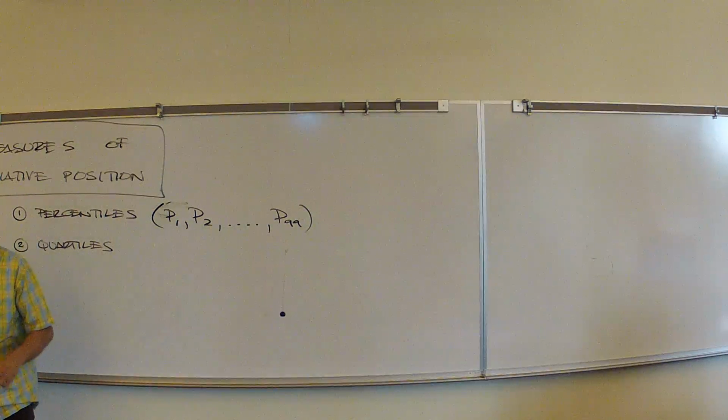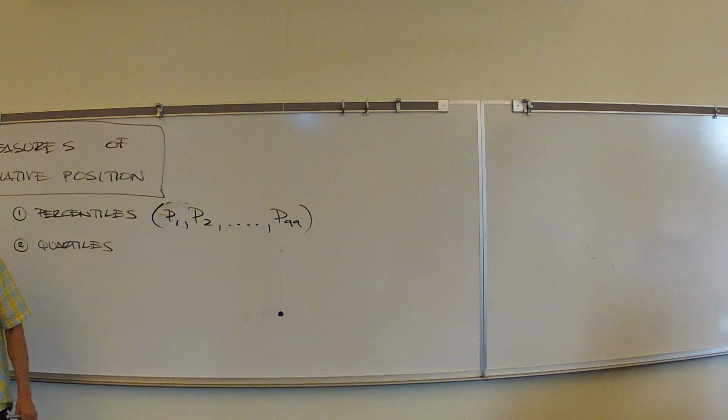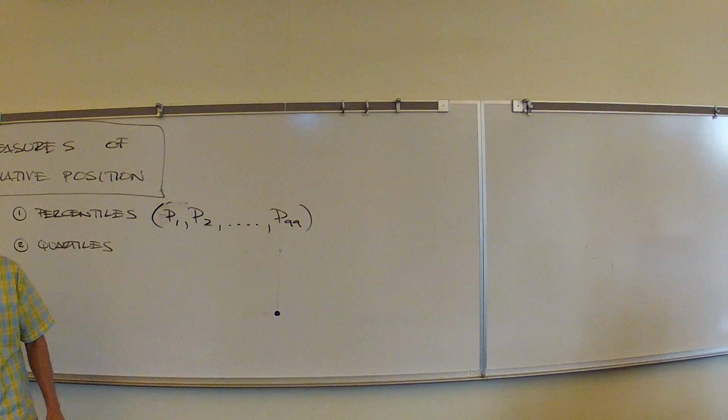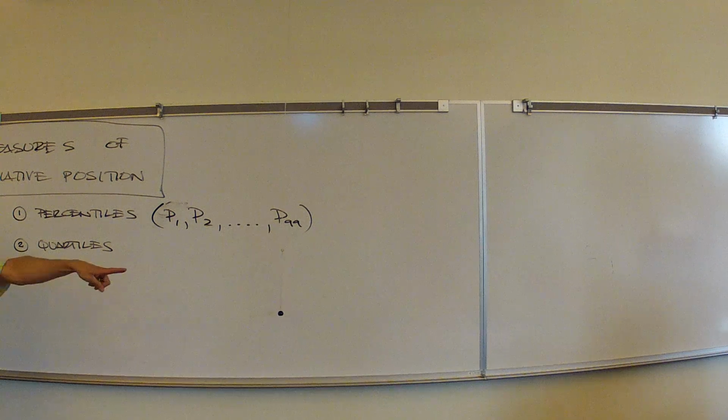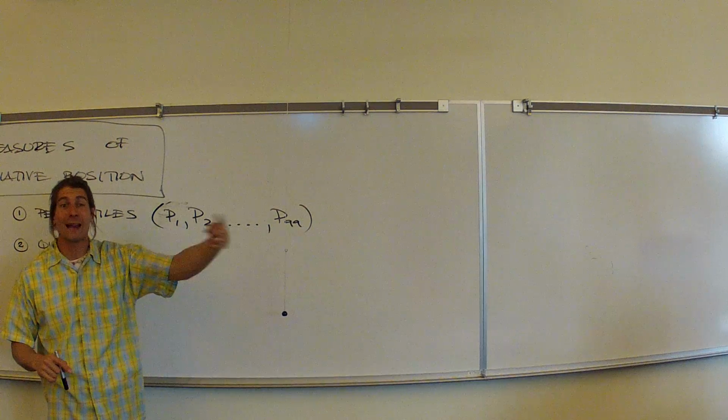I'm going to caveat this with, you can also have decimal ones, the 99.9th percentile, the 99.999th percentile, and so forth and so on. Like the kid with the big head. He's the biggest, he's got the girthiest head. So clearly he's in the 99th percentile, but he could be in the 99.9th.